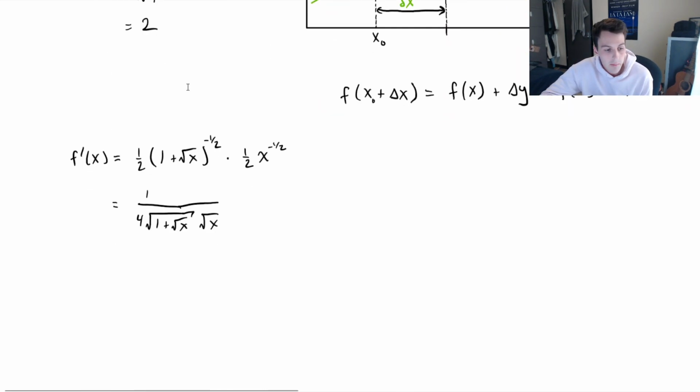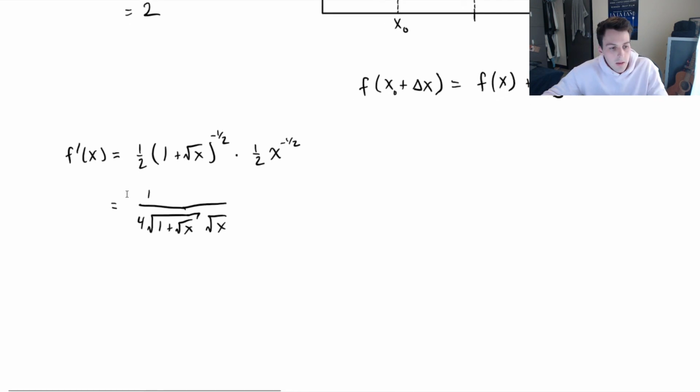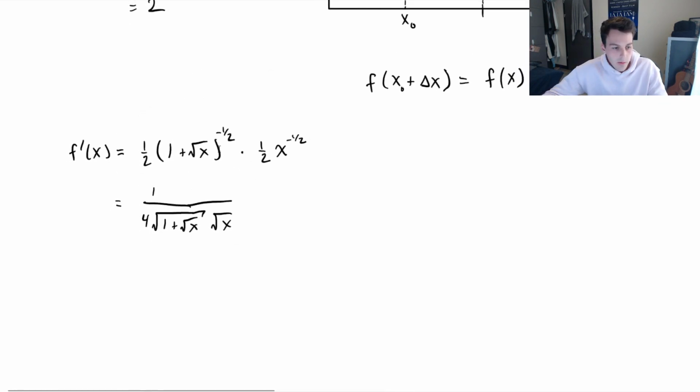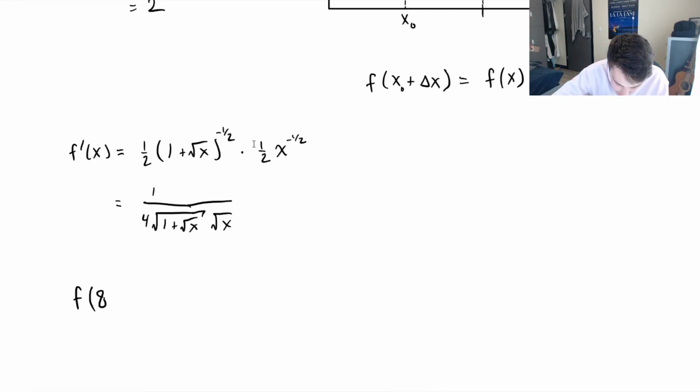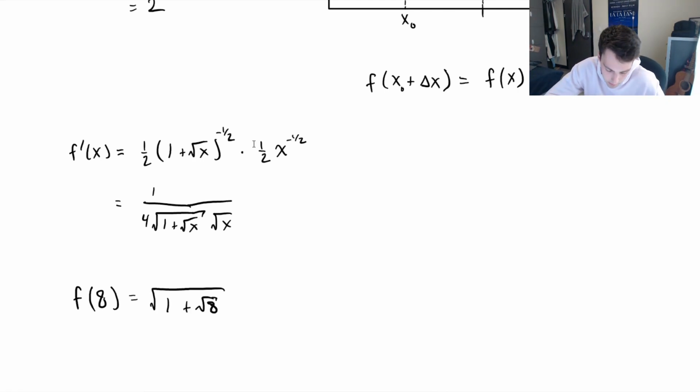Oh, and I am not even on the page. Sorry about that. So we should get this as our derivative. Okay, before we see what we're evaluating this at, remember, if we are looking for f of 8, because f of 8 is approximately square root of 1 plus square root of 8, right?